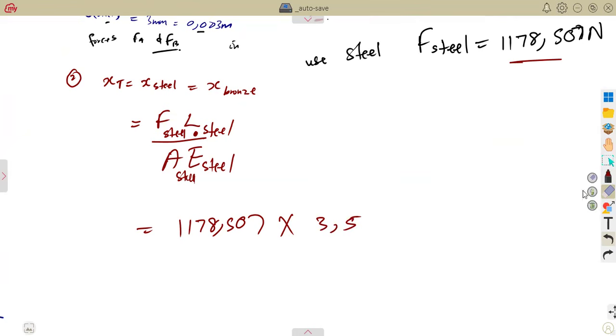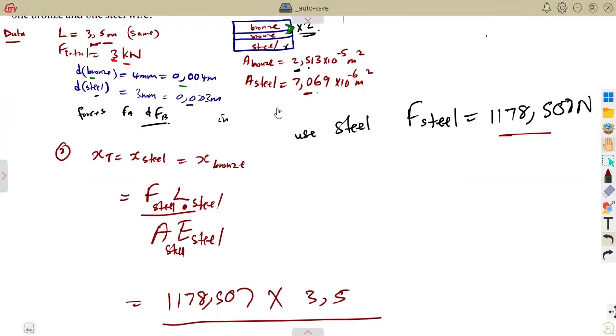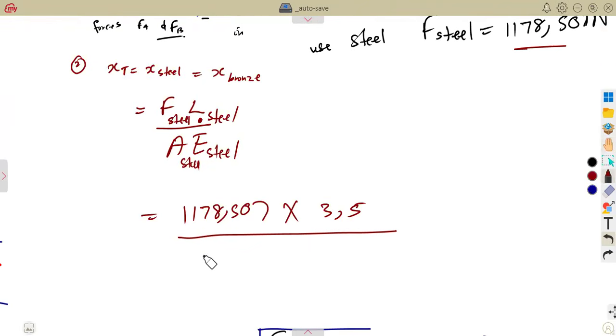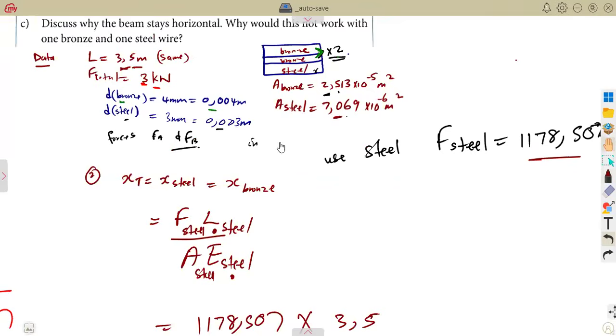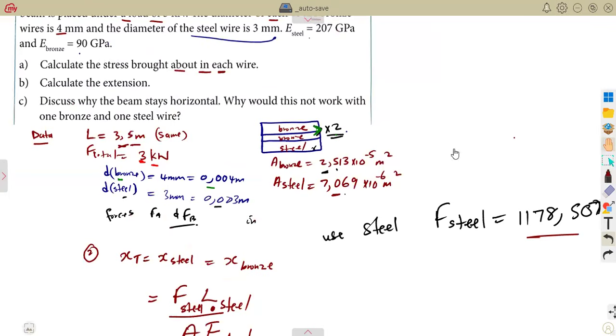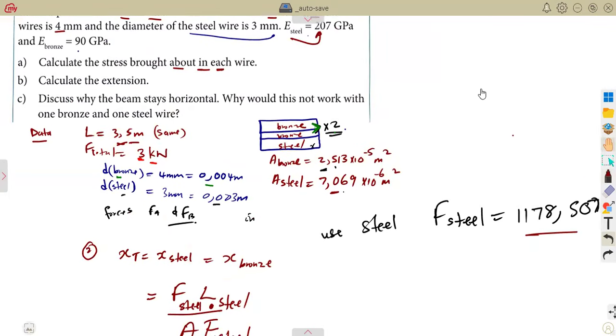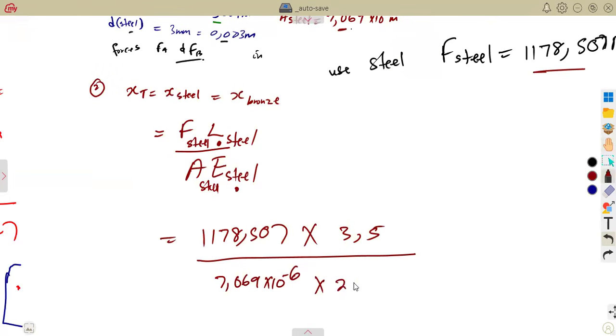Then we are given the area. We calculated it, remember, we have it. Area for steel, 7,069 times 10 to the exponent of -6. Times the E for steel, the Young's modulus for steel we are given, which is 207 gigapascal. 207 times 10 to the exponent of 9.